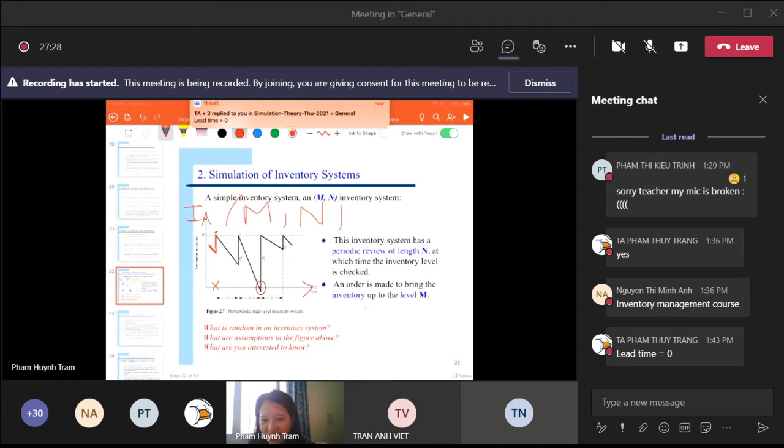Okay, we have an answer here from Trang. She said that the assumption is lead time equal to 0. Okay, that's right. Usually when we place an order, we have to wait a certain time to receive the stock, right? So by right, the figure should look like this.